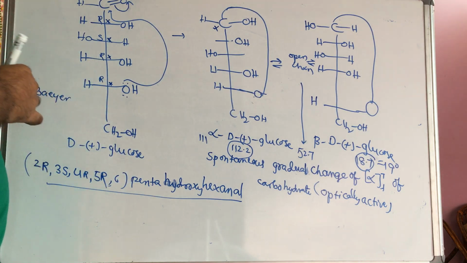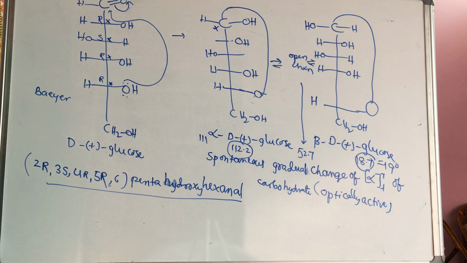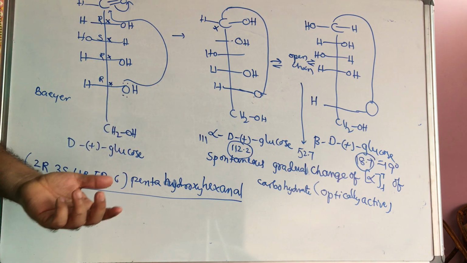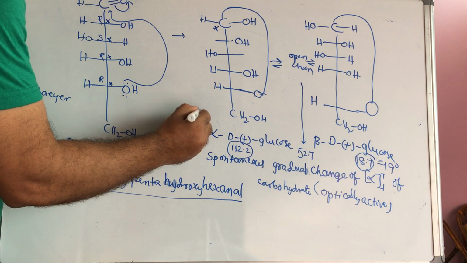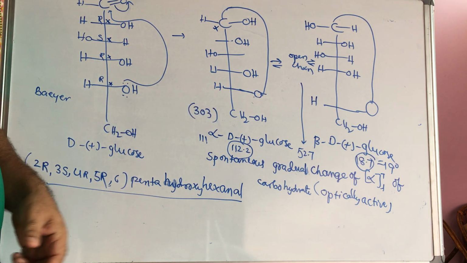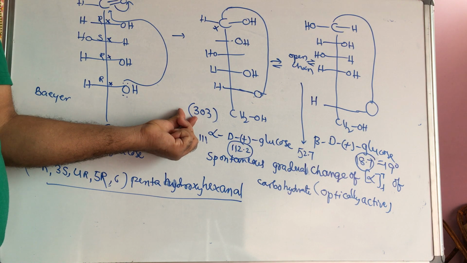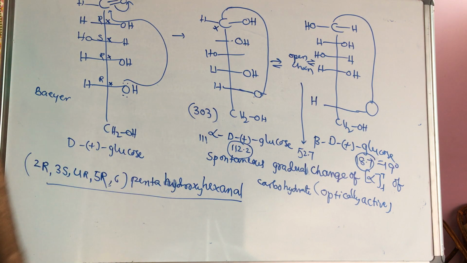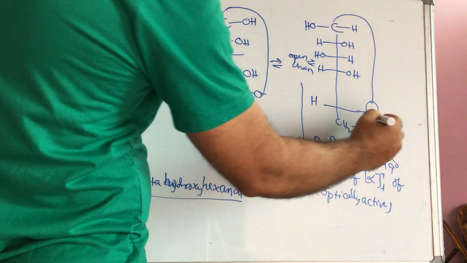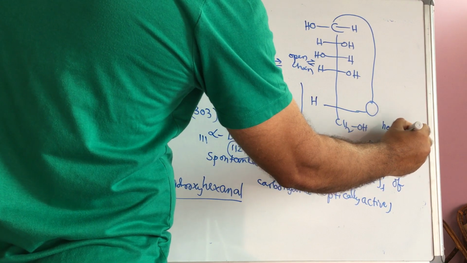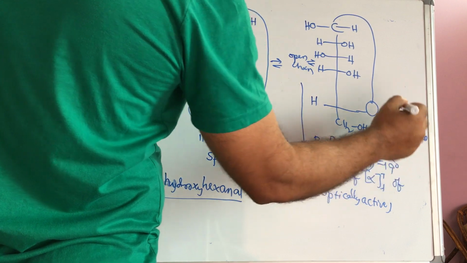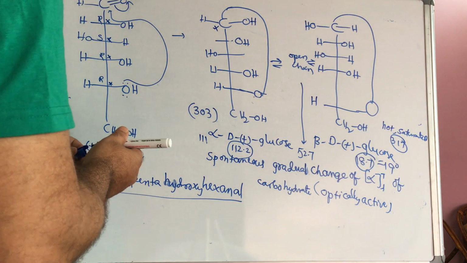How do we get alpha-D-glucose? A concentrated solution of glucose on crystallization at nearly 303 Kelvin gives alpha-D-glucose. And beta-D-glucose we get by crystallization of a hot saturated glucose solution at nearly 370 Kelvin or so; you can check the book, I don't remember exactly.